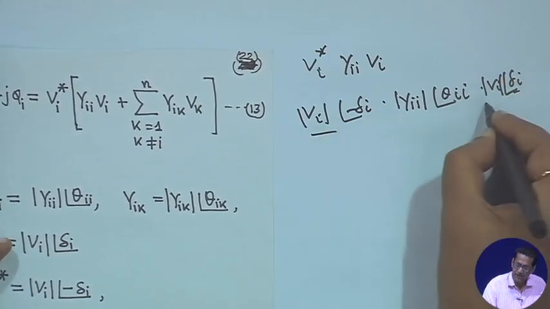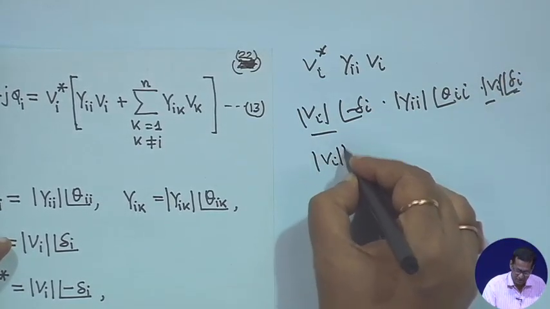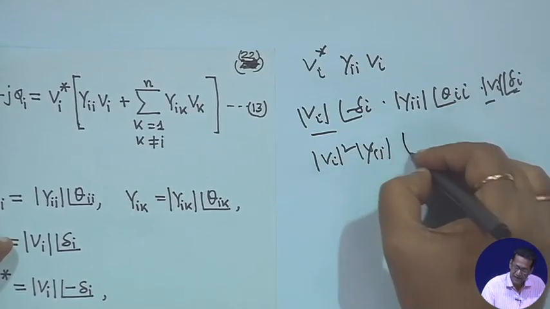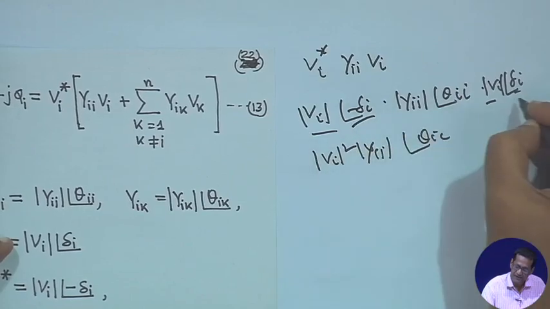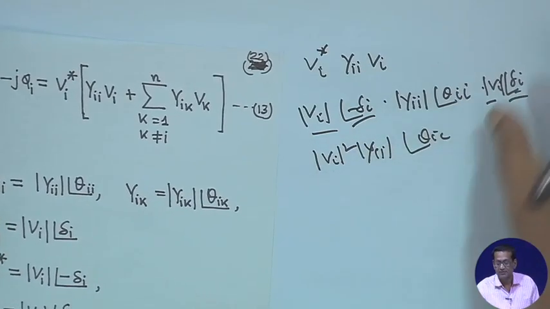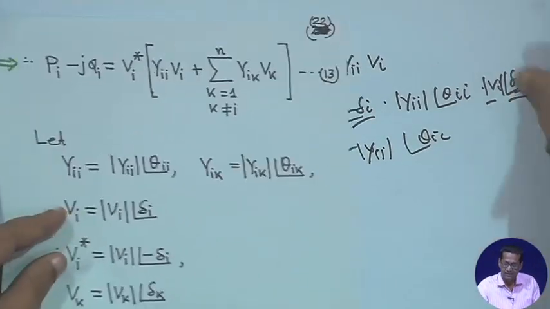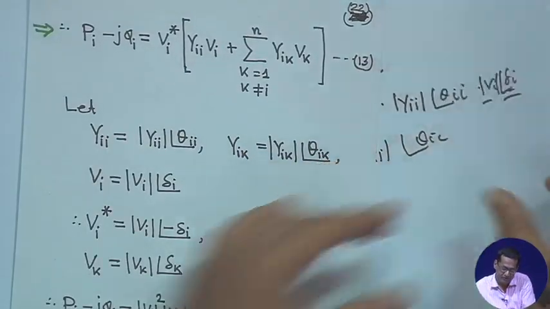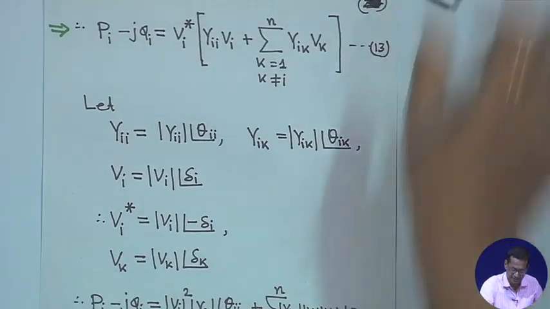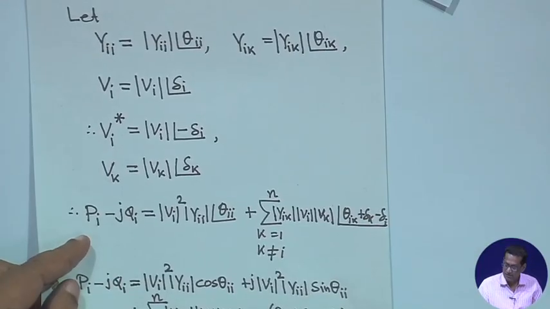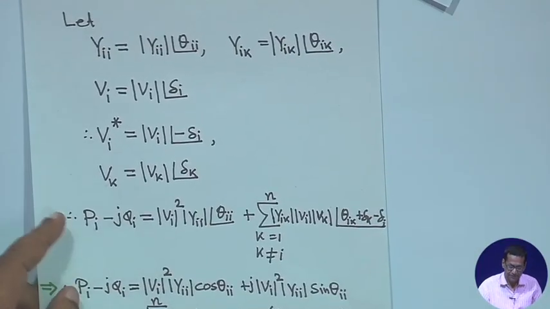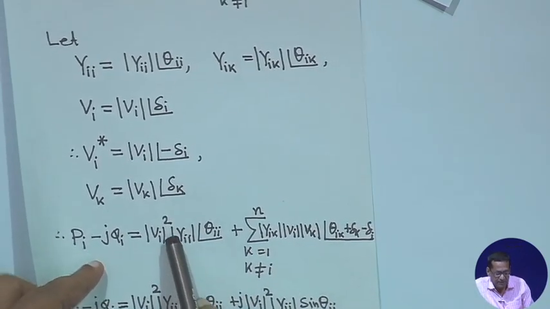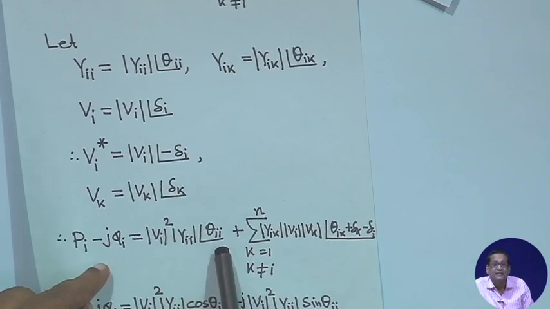So magnitude V_i squared, then magnitude Y_ii and angle theta_ii, because minus delta_i plus delta_i will be cancelled. Similarly, in the second term you substitute all these values, and the first term now becomes magnitude V_i squared, magnitude Y_ii angle theta_ii.